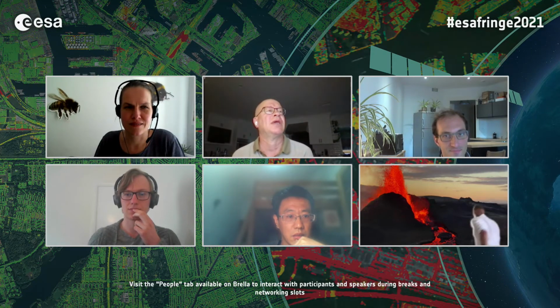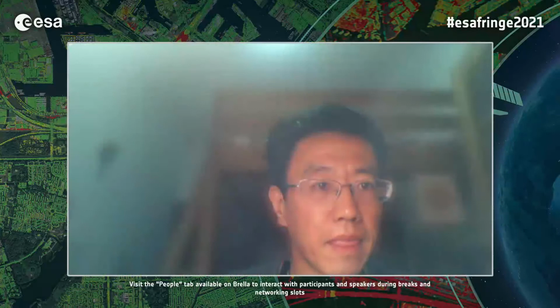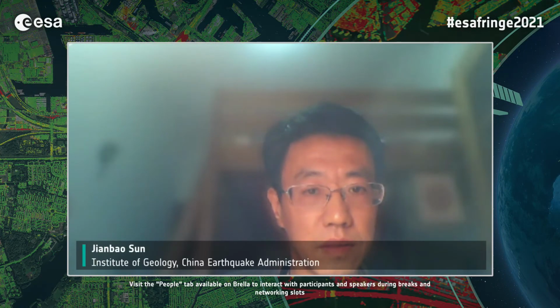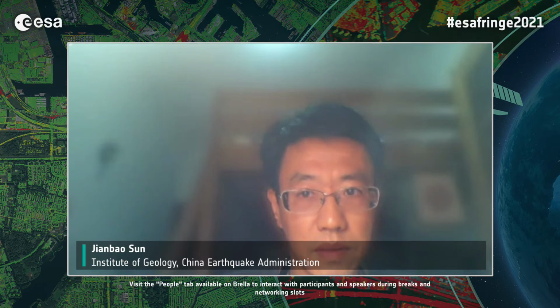So we're moving on to the fourth talk, which is interseismic strain accumulation and fault creeping behavior detection at shallow crust along big faults over the Tibetan Plateau region by parallel processing of Sentinel-1 InSAR time series by Jianbao Sun and Jiangtao Qiu, and the speaker is Jianbao Sun.